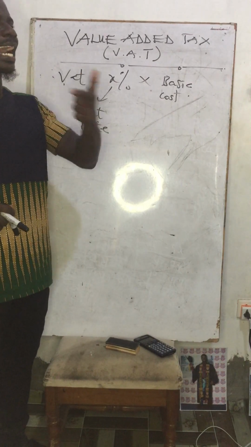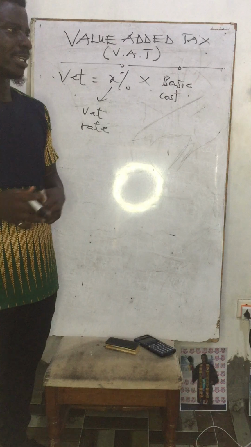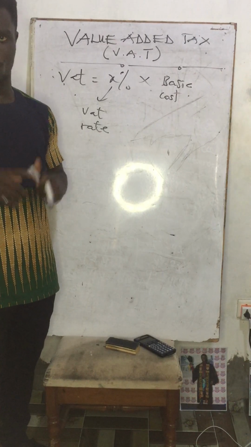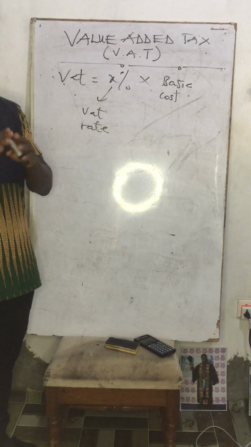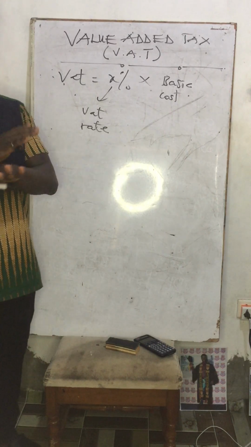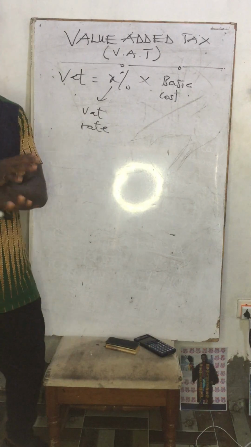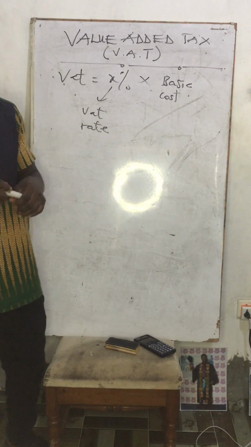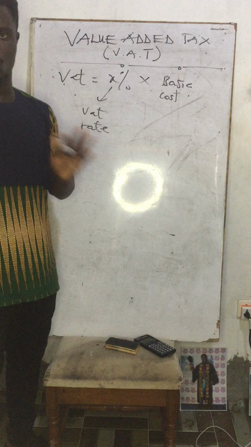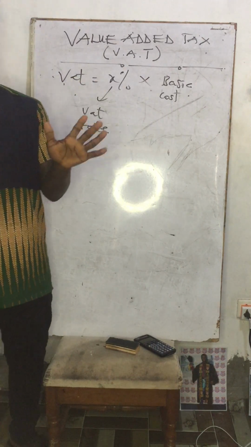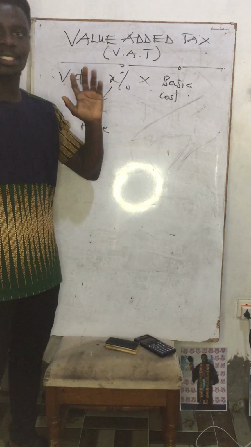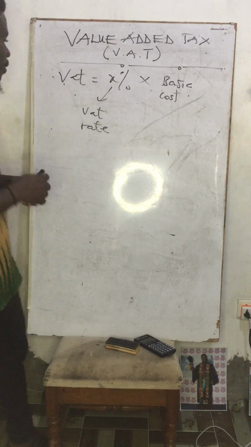The cost of an item without VAT is called the basic cost. So now we are diving deeper. The cost of an item without VAT, which means you are not paying any value added tax, is the basic cost. We've not added the VAT to the goods or services you rendered, then it is the basic cost. So take note of that.